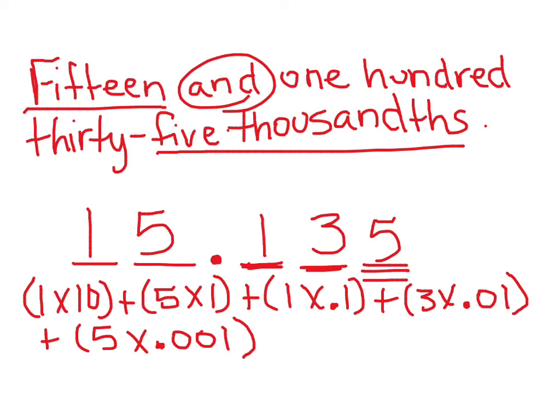Okay, and the reason, if you're paying attention to it, look at it. The tenths is the first decimal, the hundredths is the second decimal, and the thousandths is the third decimal. Okay, so I want you to try this one.